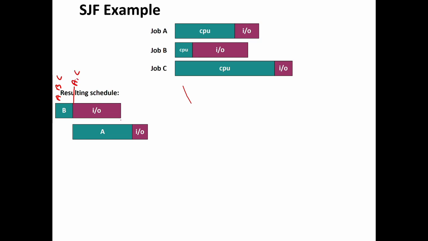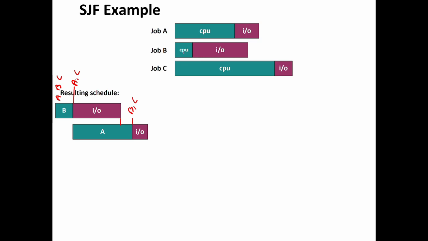At this time B joins the ready queue, and when A goes for I/O, I will have both B and C in the ready queue. So who will be scheduled between B and C?